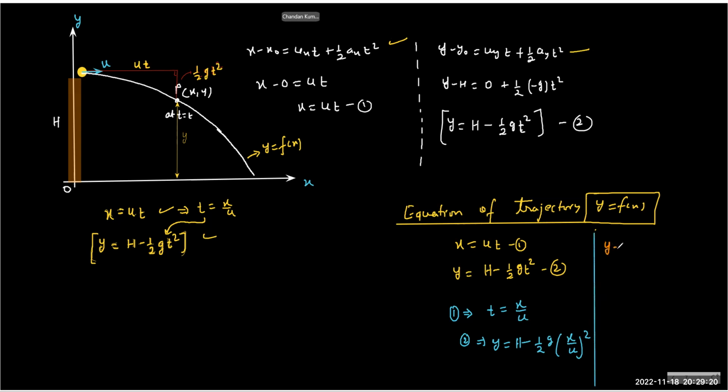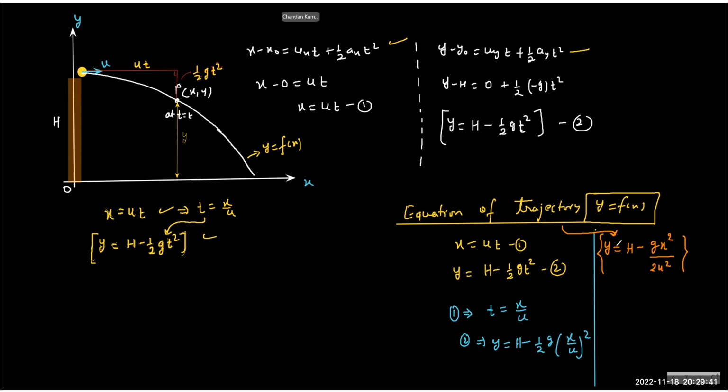So y turns out to be h minus g x square by 2 u square. This is called the equation of trajectory.